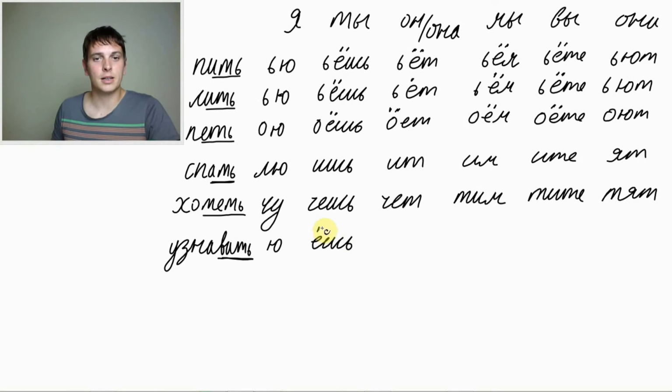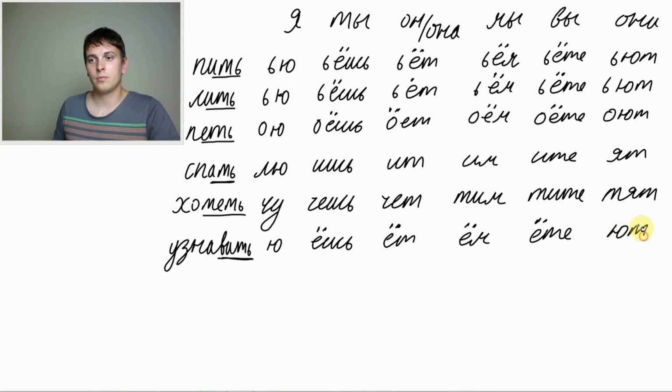You are recognizing. Он, она узнает. Мы узнаем. Вы узнаете. You are recognizing in a plural or in a polite form. And они узнают. They are recognizing.